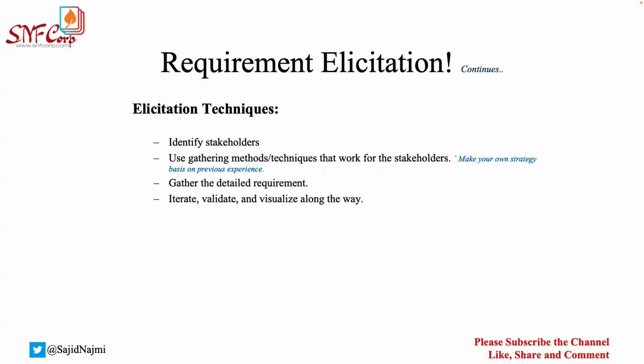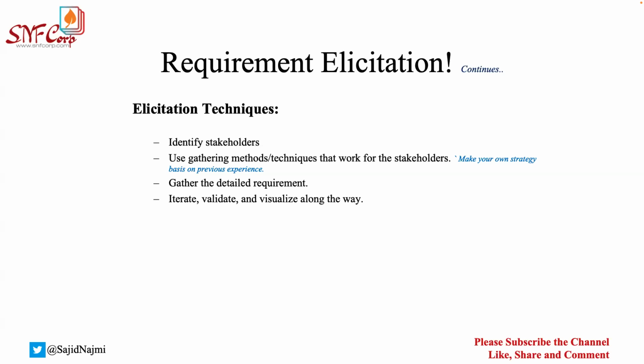Now, who are the stakeholders and how do we identify them? We have studied this before in detail in the previous classes, but I will give you a refresher and help you revise who the stakeholders are and how we can categorize them into the main broader categories in the further slides.